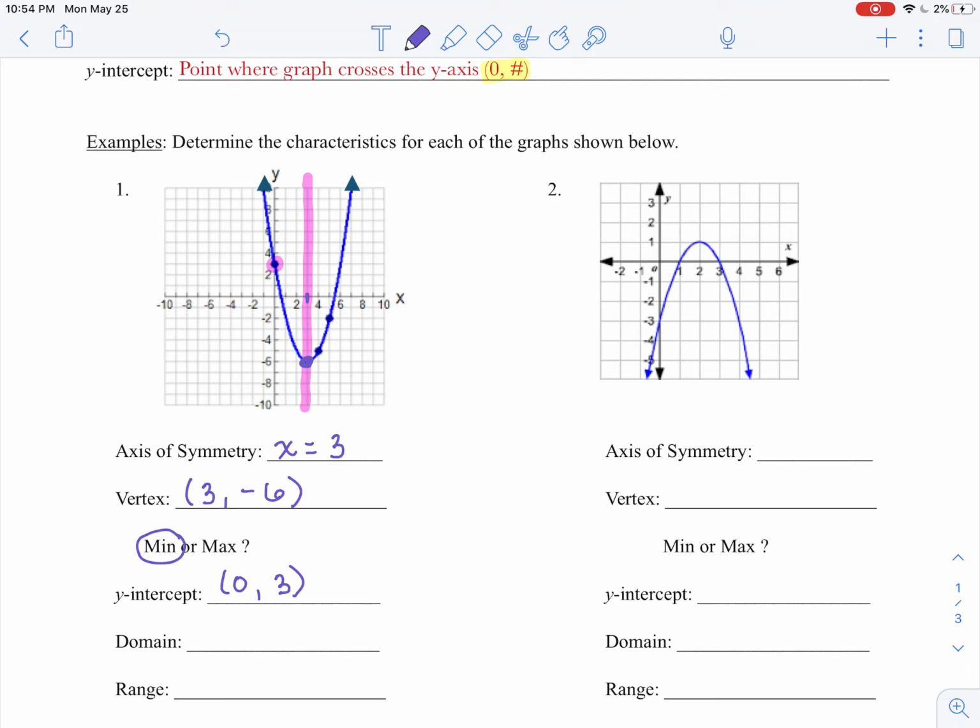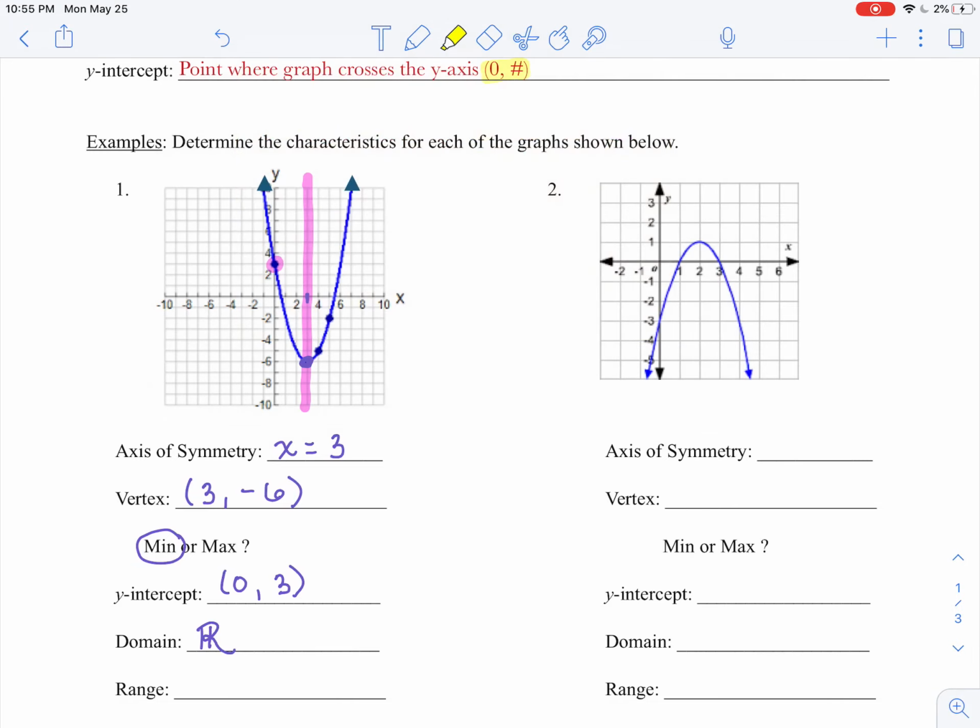Domain are all of the possible x values. For every single parabola, every quadratic function, the domain is always all real numbers. Remember, that's the fancy R with the extra leg. And then the range are all of the possible y values. The range for each parabola will be different depending upon the graph.